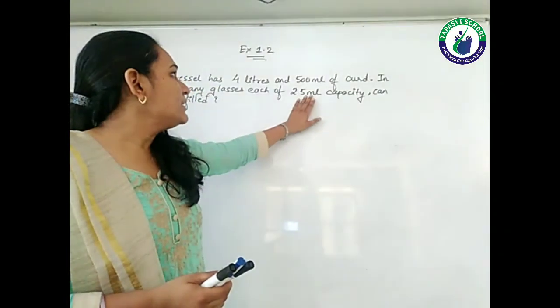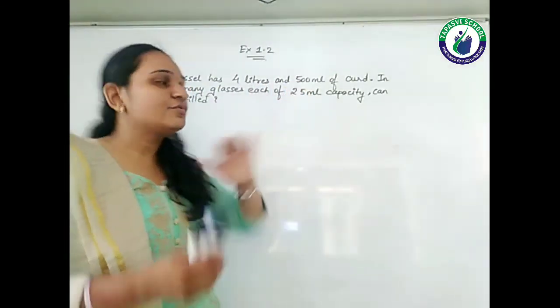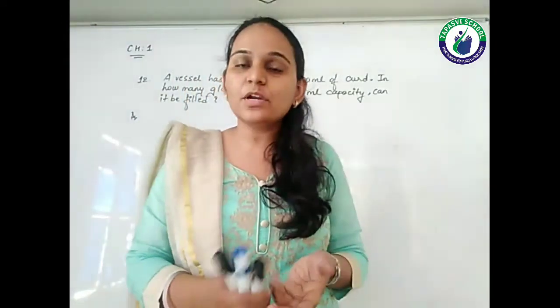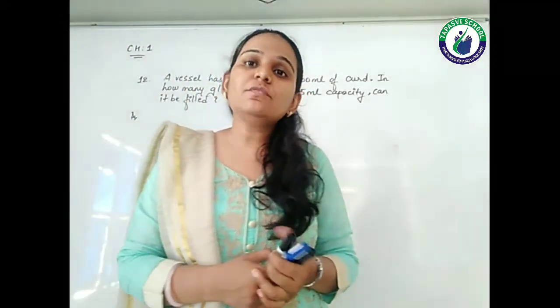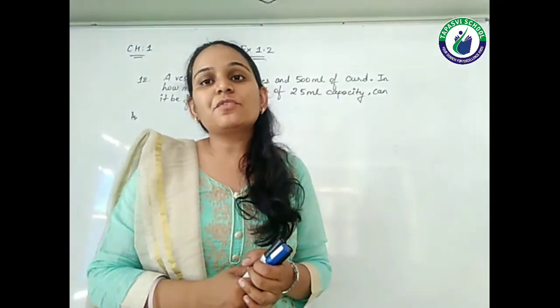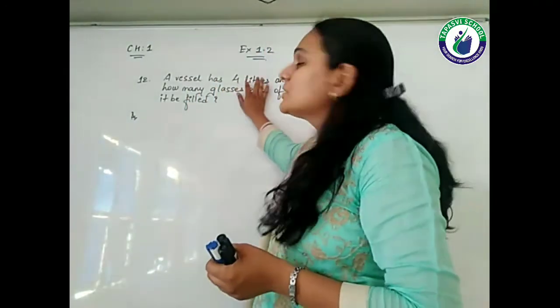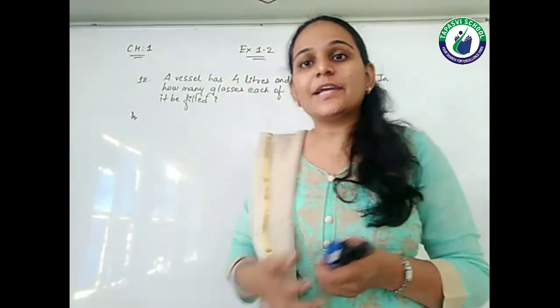Because here it is ml and here it is liter and ml, so we need to make it in one particular unit. So let's make it into ml only. After doing the conversion, we have to find the number of glasses that can be filled with this curd, right, students? So let's see the calculations now.